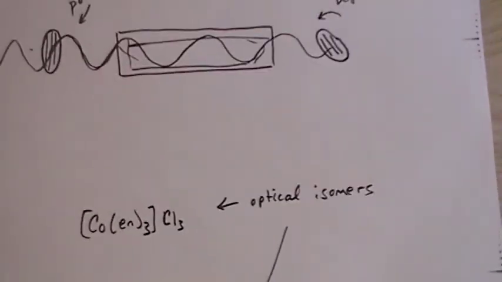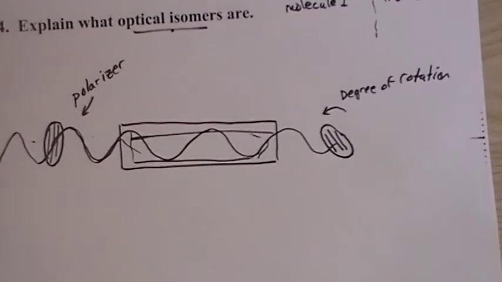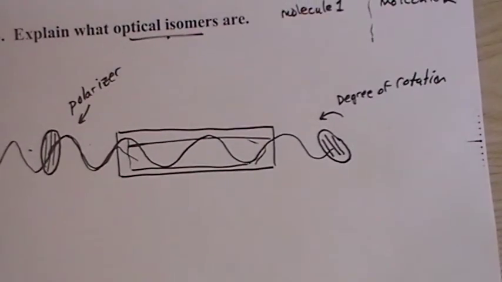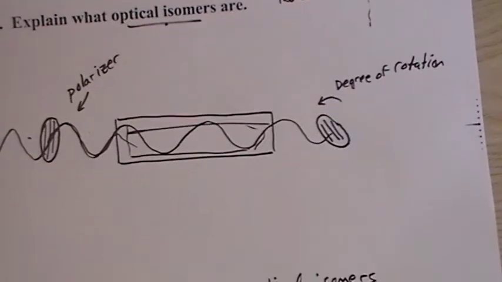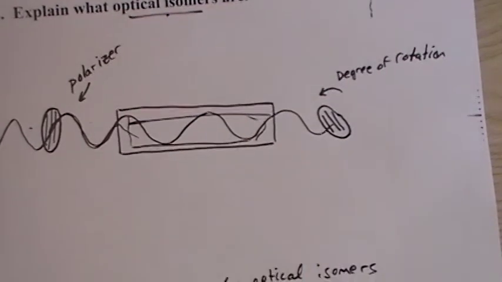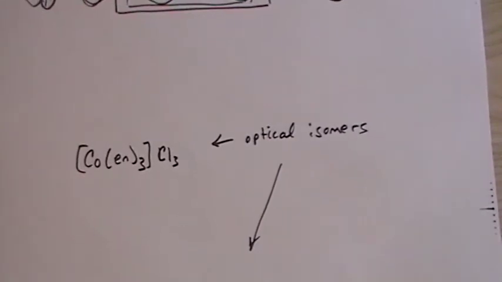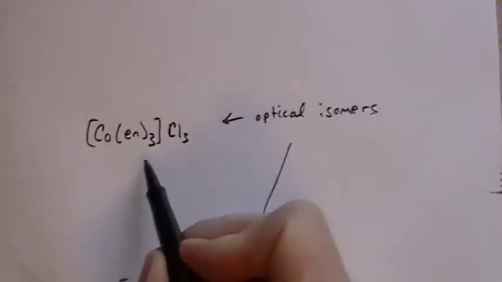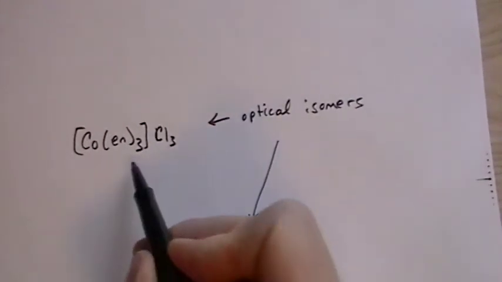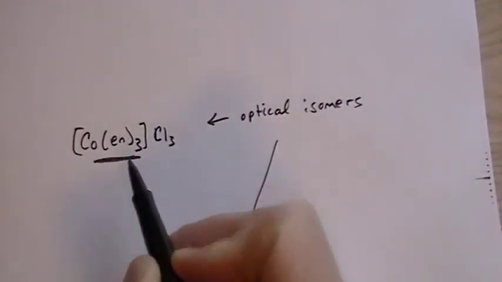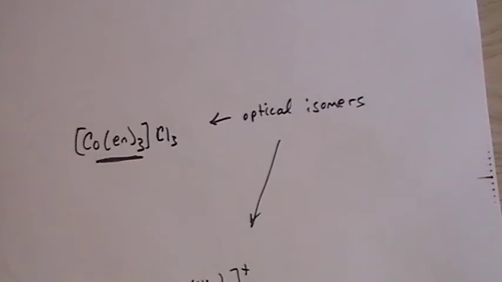Well, in organic chemistry, there's lots and lots of these types of molecules. There's really hundreds of thousands, maybe millions of them. In this type of chemistry, though, there are very few that we can deal with effectively without learning a whole bunch more. So the ones that will be optical isomers are the ones that have 3 ethylene diamine ligands on it.